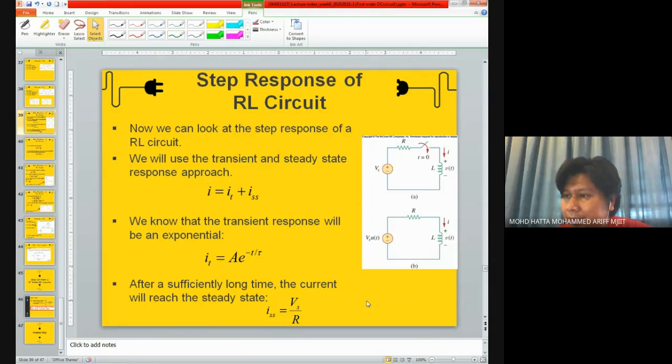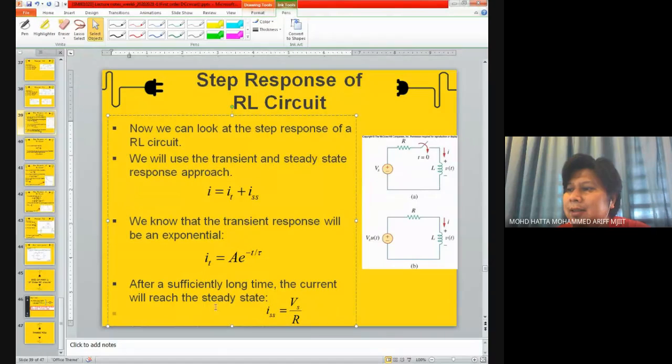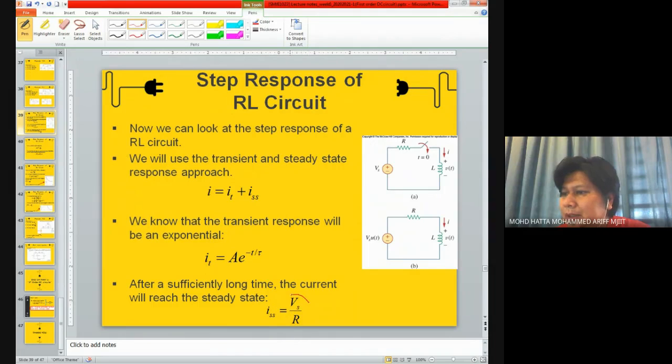So for current, you should remember that current is given by Ohm's law. According to Ohm's law, current is given by V divided by R. But here, in order for us to calculate the steady state current, steady state means this part can also be known as I infinity.